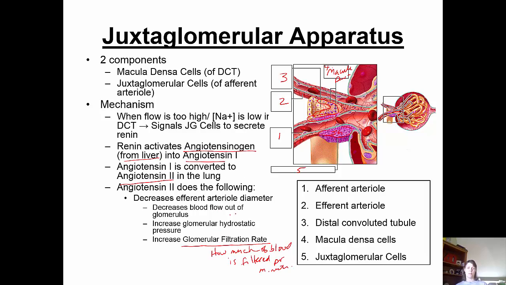What I find amazing is that there is such a complex relationship between multiple systems. You've got your urinary system secreting a hormone that is going to activate something from the liver, which is primarily in charge of digestion.